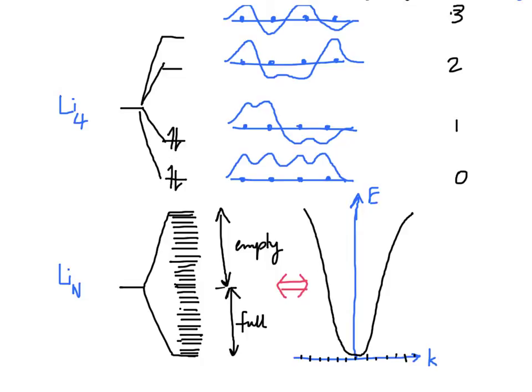In this discussion, we have implicitly assumed that our 2s atomic orbitals would combine to create a 2s derived band, and likewise the 2p atomic orbitals would create 2p derived bands, and the bands are separated from each other by gaps and so forth.